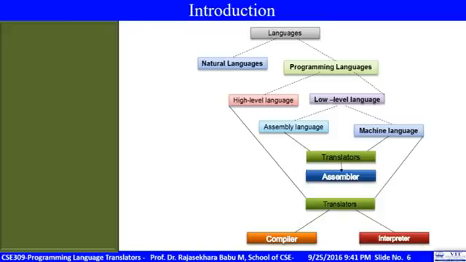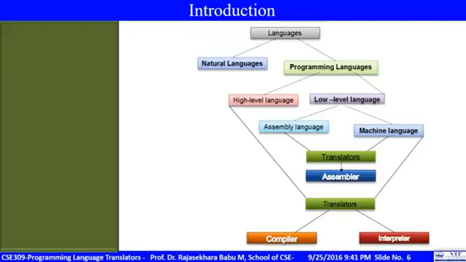When you move to assembly language, the machine will not understand it. So we need something which translates from assembly language to machine language, because the machine understands only machine language. For our convenience and easiness, we use assembly language, so we need a translator which translates from assembly language into machine language. That translator is nothing but the assembler.